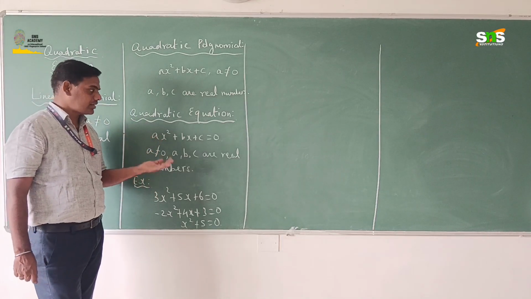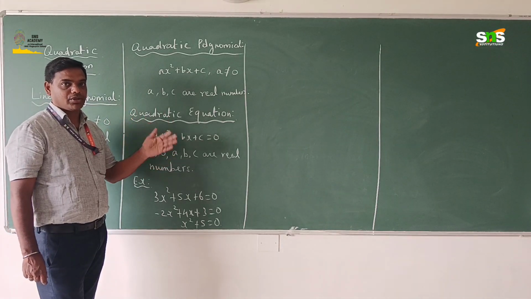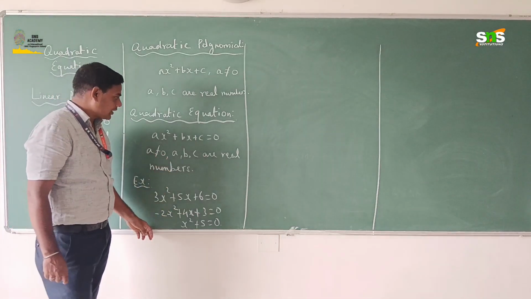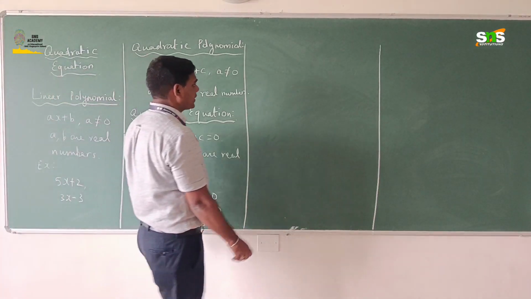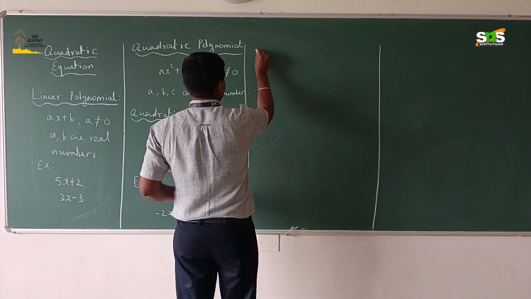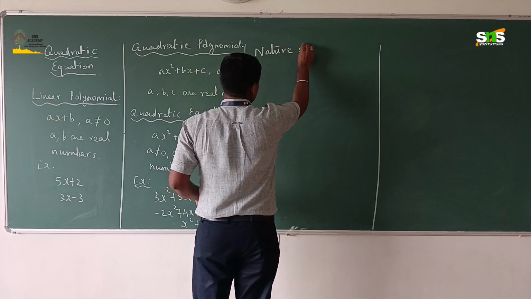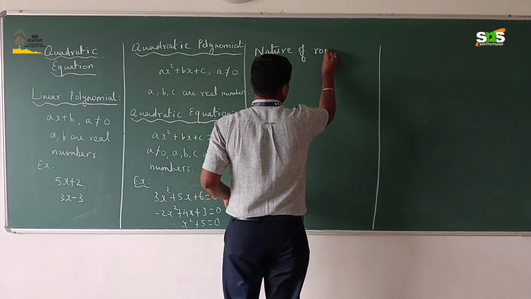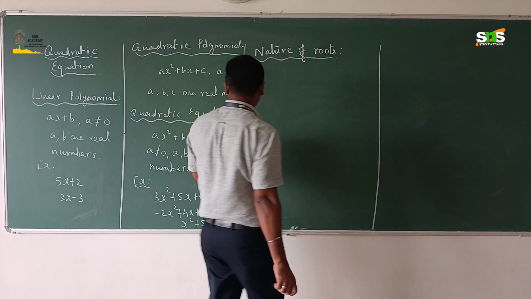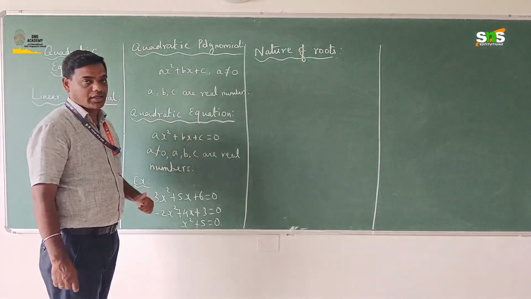Then we'll see how to solve the quadratic equation and what methods we are going to use for solving it. Before that, in this quadratic equation we have some rule. Before seeing that rule, we'll see what is meant by the nature of roots. The nature of roots is used to find what type of solution we will get for this quadratic equation.